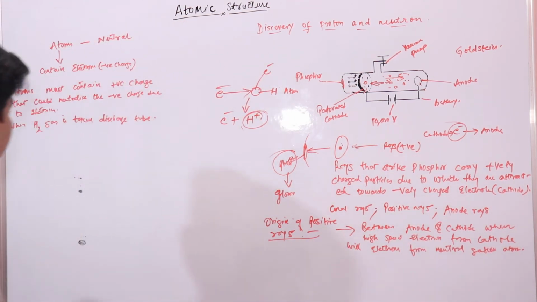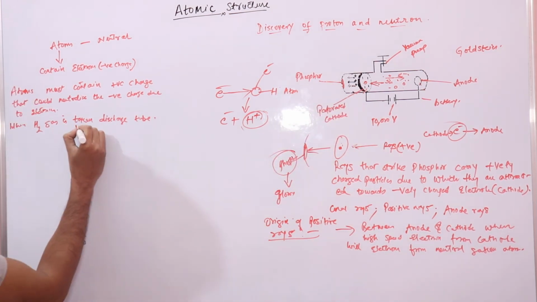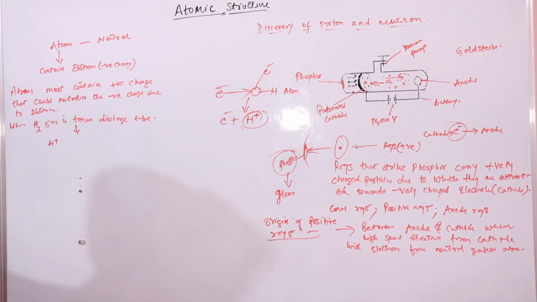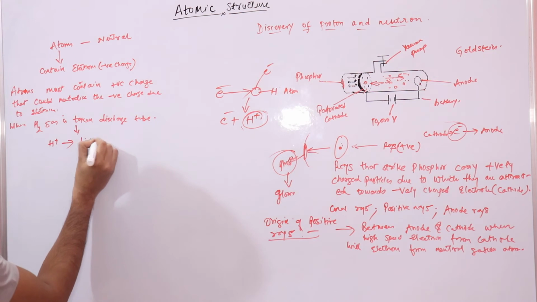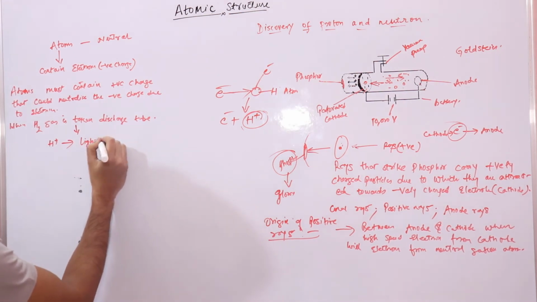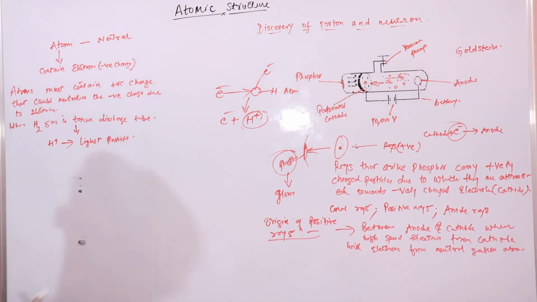What it means is, when hydrogen gas is taken in the discharge tube, it will form positively charged particles, and these are the lightest.